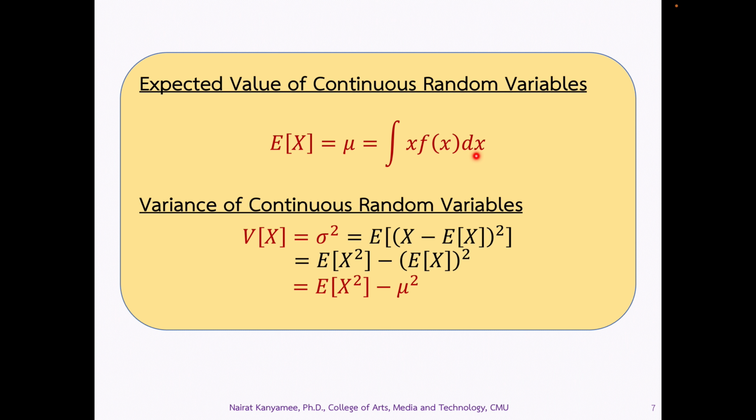And to find the variance, you need E(X squared) minus mu squared. That means you integrate x squared f(x) dx minus E(X) squared. That's it.